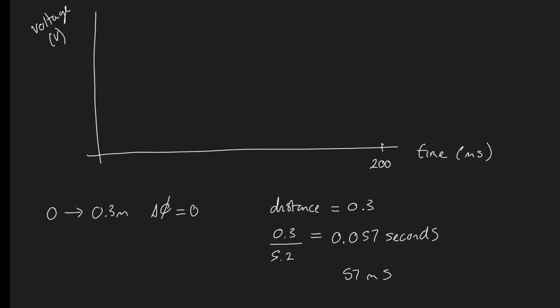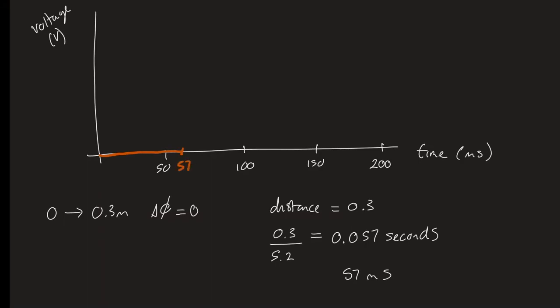So on our rough scale here, which is really just a sketch, we put in 50, 100, and 150 milliseconds. So up until some point, just after 50 milliseconds, absolutely nothing happens. So say that's 57 there.